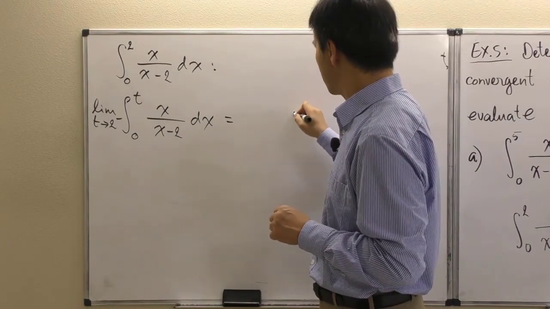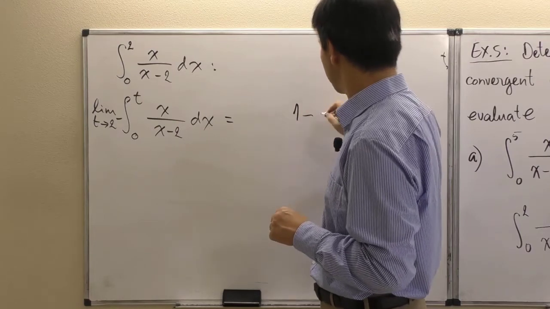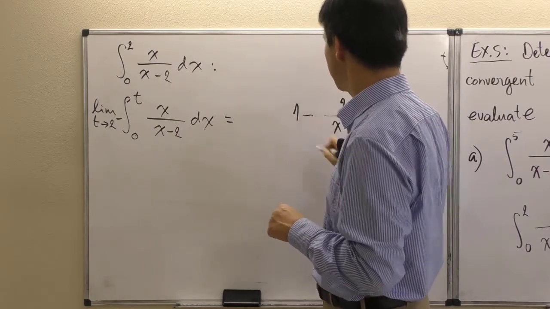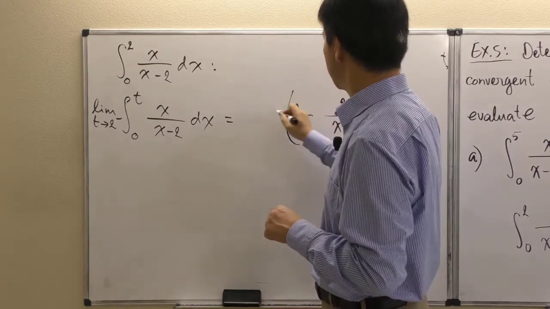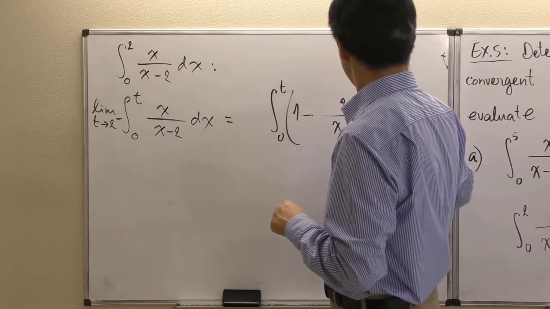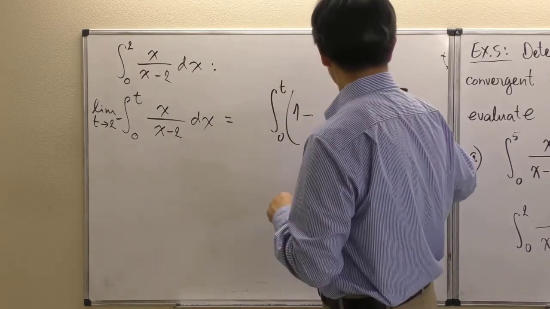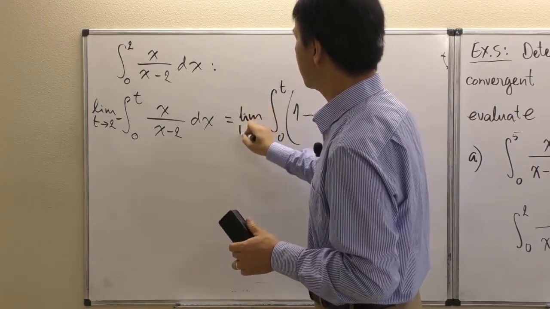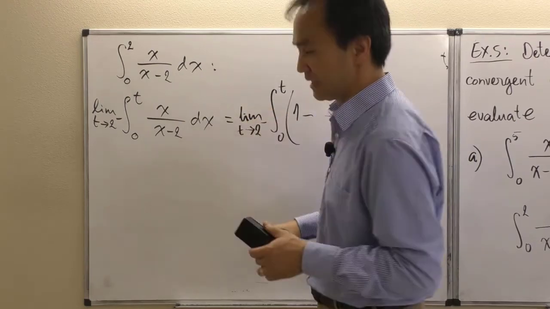It's going to be 1 minus 2 over x minus 2. I separated it out into two terms. And then there's the integral from 0 to t, dx, taking limits as t approaches 2 from the left-hand side.